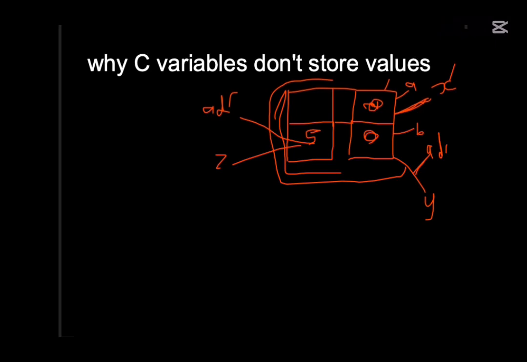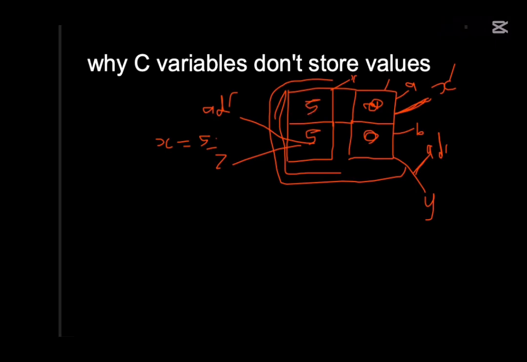So what actually happens when you say x equals 5? Your compiler is going to look for a memory space for you, give this compartment the label x, and store the value 5 here.